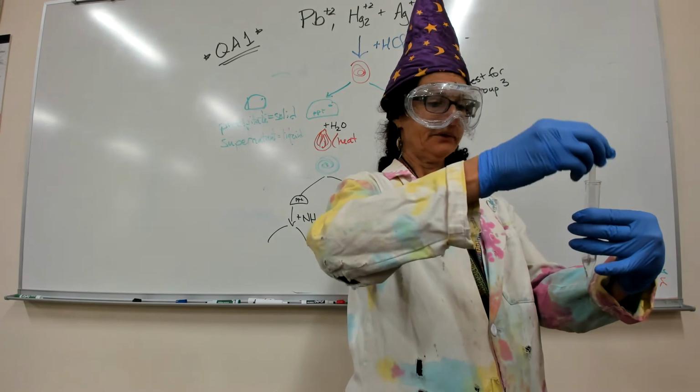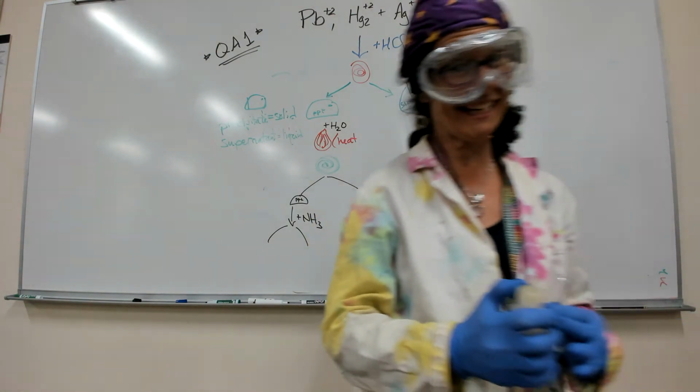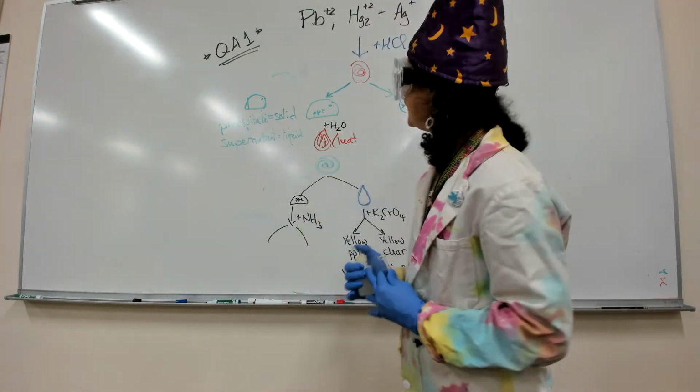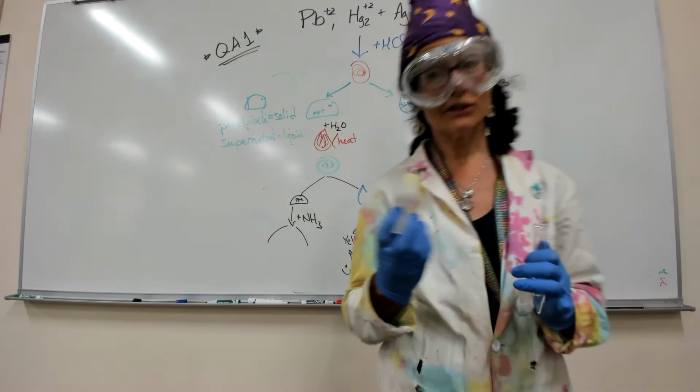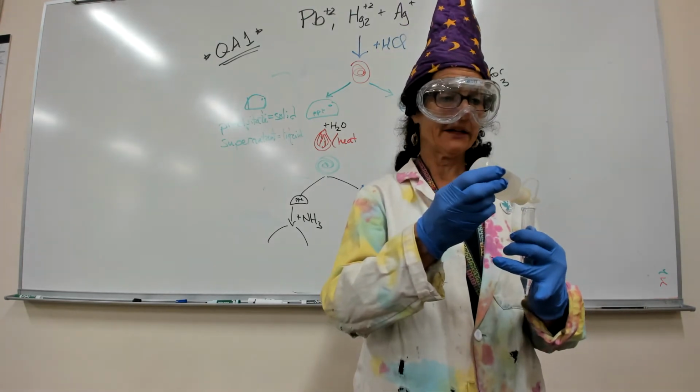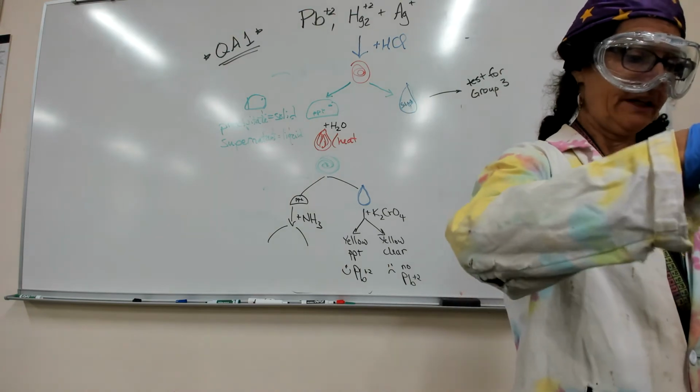Into my sample that's left, I want to acidify it, because the silver will usually dissolve in a basic solution with the NH3. So we want to re-acidify by adding a few drops of HNO3.